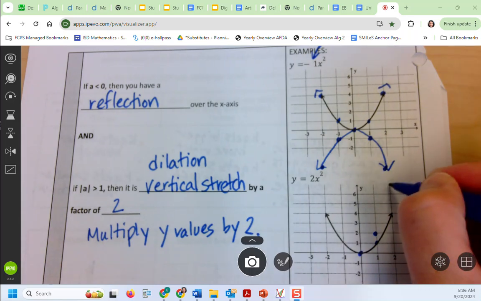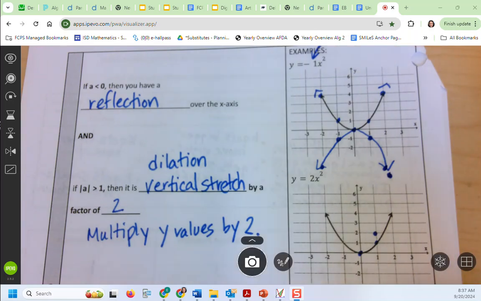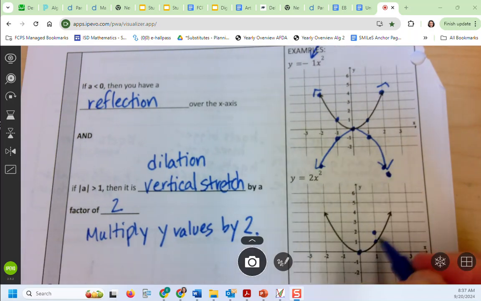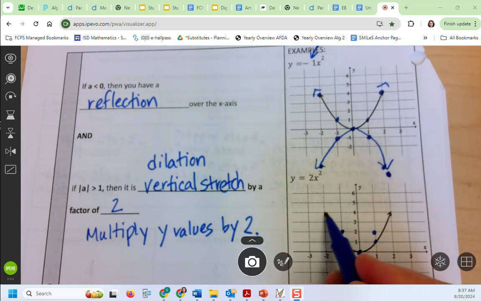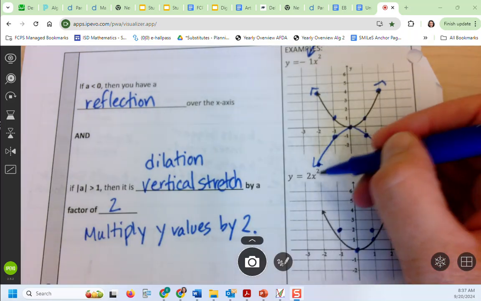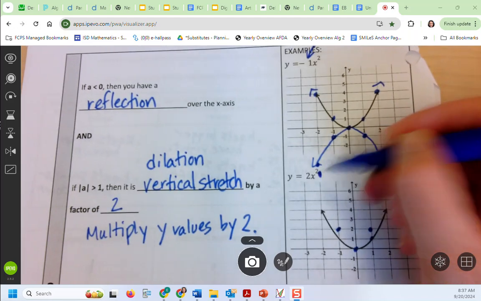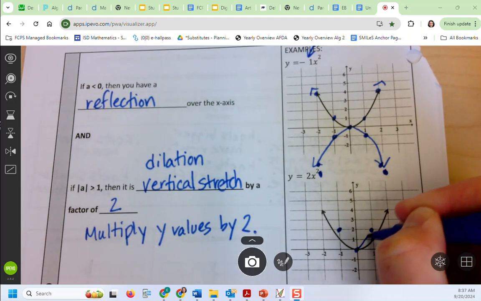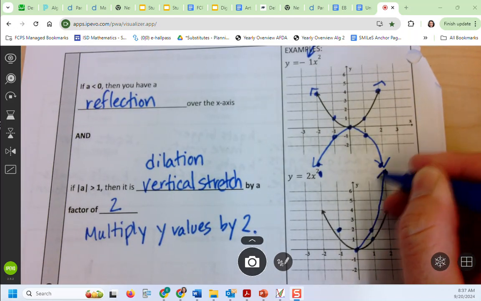And I'm only getting up to 7, so I'm going to have to estimate 8 to be up here. This side is going to be the same thing. I have a y value of 1, 1 times 2 is 2. A y value of 4, 4 times 2 is 8. And again, I have to estimate it up here. So here's how my graph gets taller and skinnier.